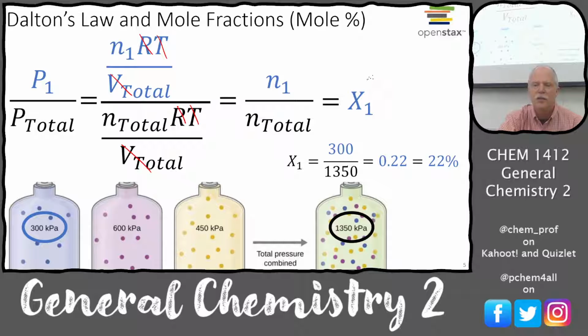So all of the mole fractions are going to be less than 1, and so they'll be from 0 to 1. You multiply them by 100%, you get the percent concentration. And that's, in terms of moles or particles, the concentration of this substance 1.